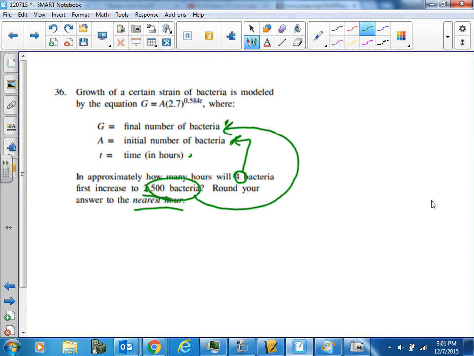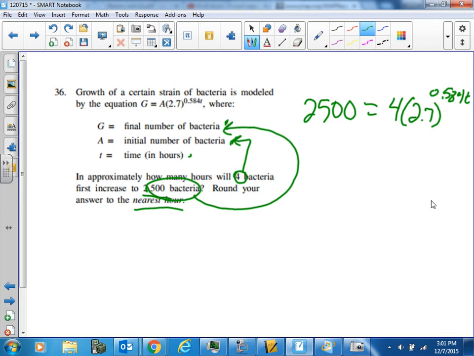And the T for time is the one we're looking for. So we can plug it in. Say G, which is our 2,500, equals A, which is our initial, which is going to be 4, times that 2.7, which is just a constant in there, to the 0.584 T.